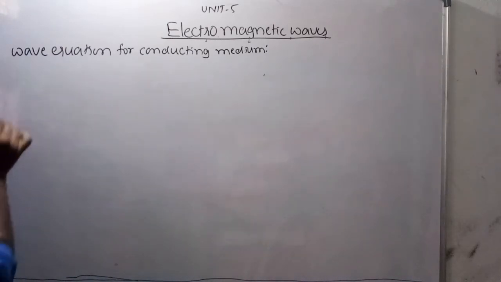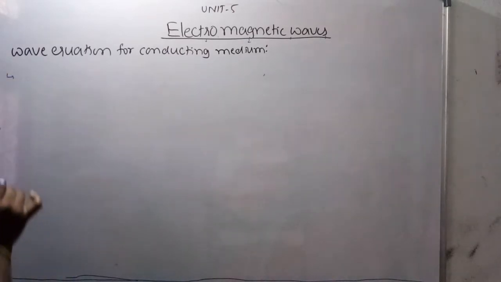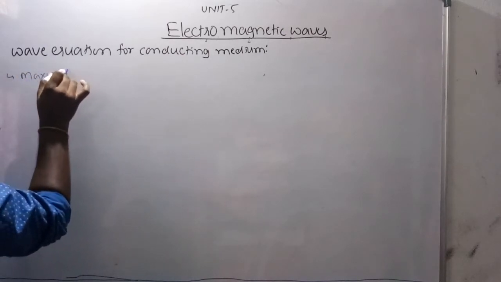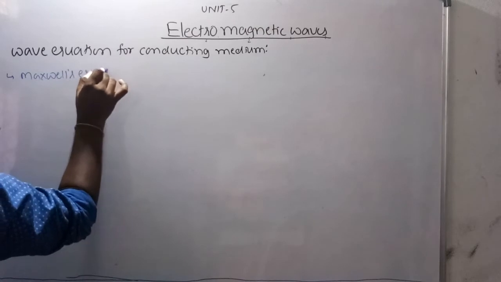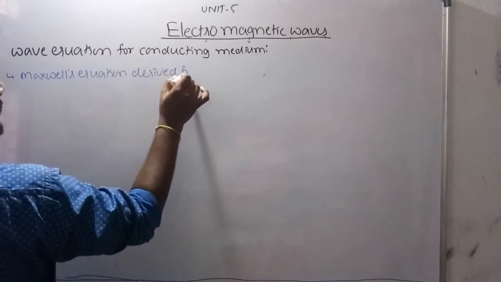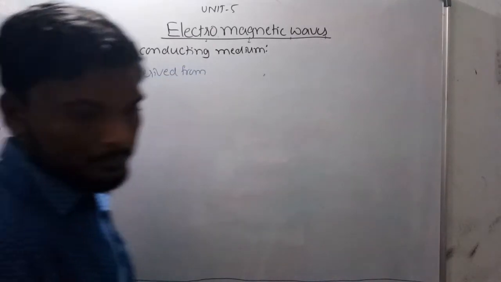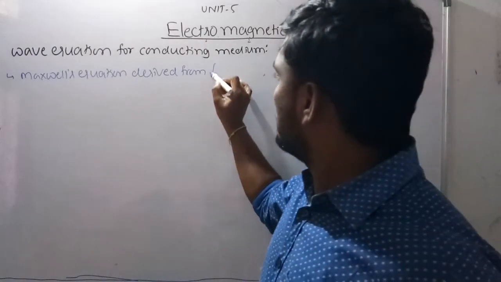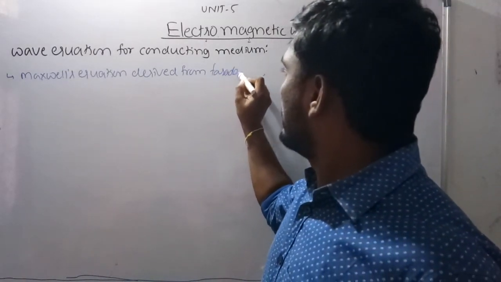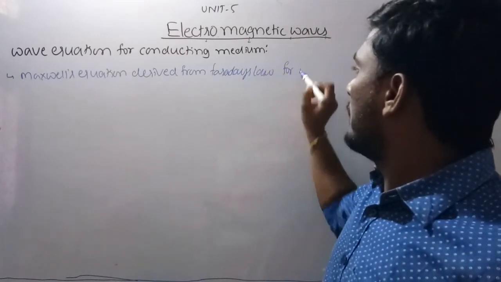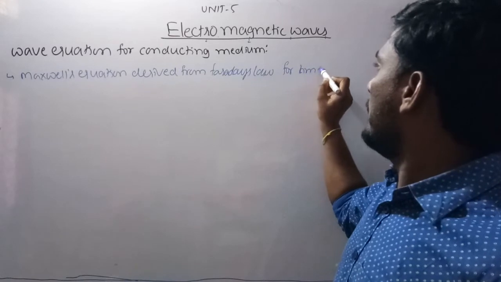Now we will see Maxwell's equations. First of all, to derive the wave equation, I will use the Maxwell's equation derived from Faraday's law for time varying fields.